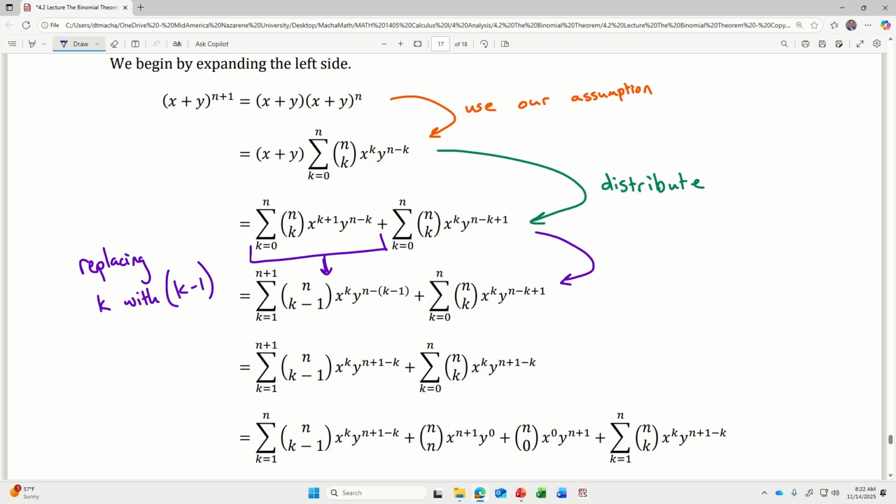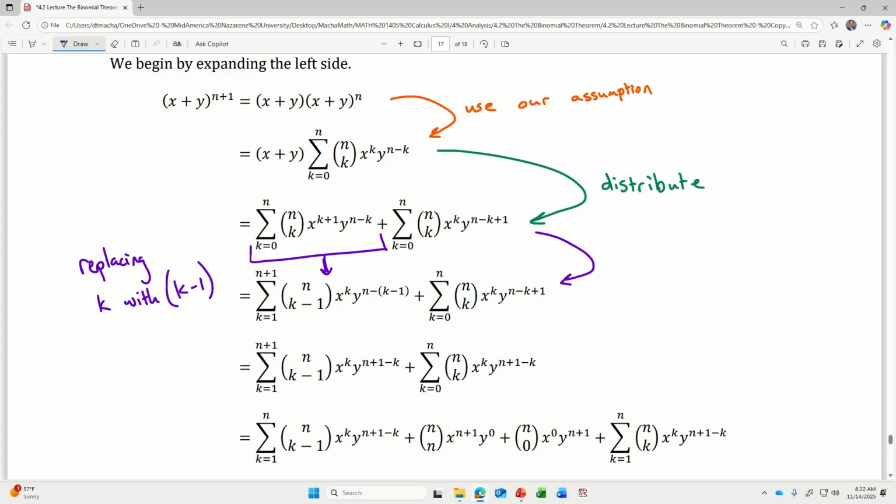But notice in this sum, the one I'm pointing at right now, the first term that appears would have k equal to 0, right? And when k is equal to 0, this would be n choose 0 times x to the power 1 times y to the power n. Well, this sum is exactly the same. I know it says that k is starting at 1, but I would still have n choose 0 as the first coefficient.